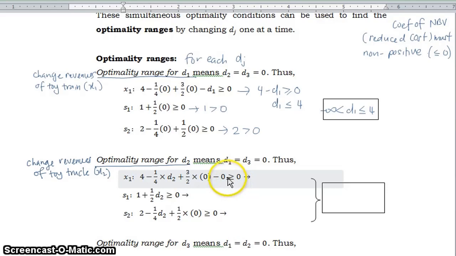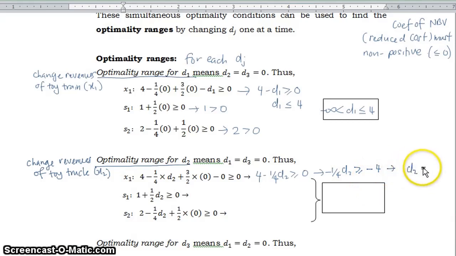We simplify: 4 minus 1 over 4 D2 is greater than or equal to 0, so 1 over 4 D2 is less than or equal to 4, and D2 is less than or equal to 16.